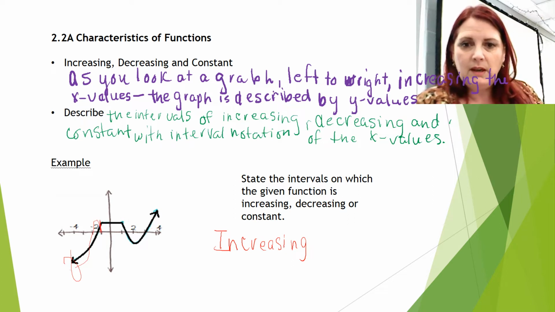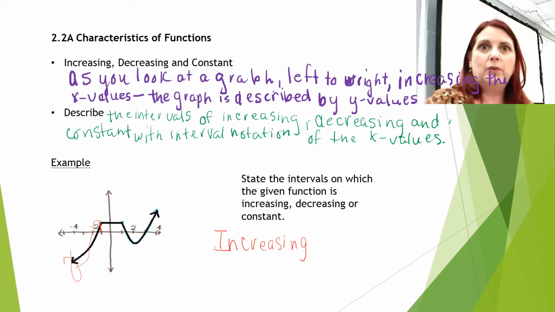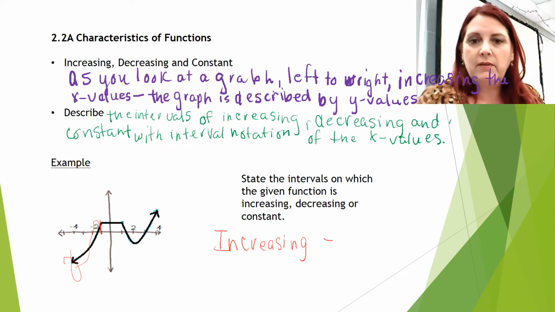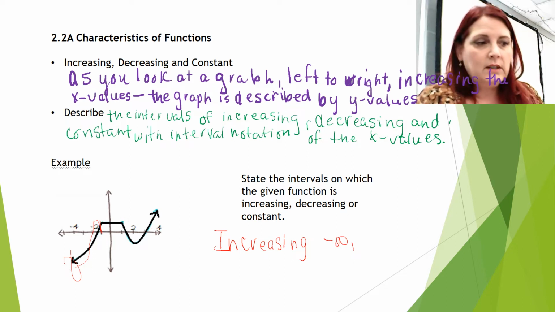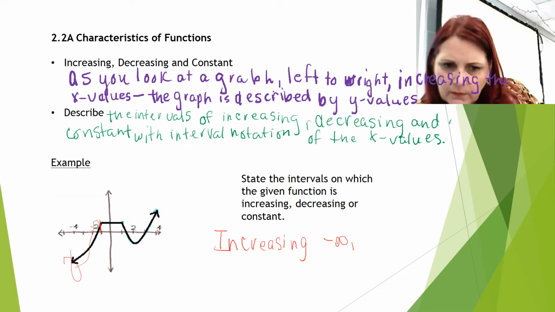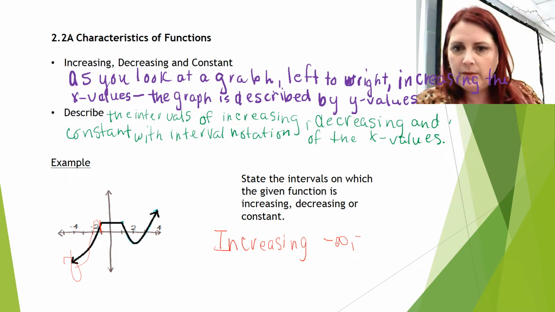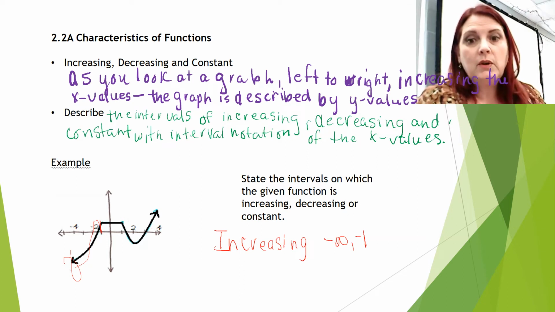That arrow means it keeps going further and further back, so we're going to call that negative infinity. And then it stops increasing at -1. I'm sorry, I can't even read my own graph. When we're describing those intervals, we're going to use parentheses every single time.